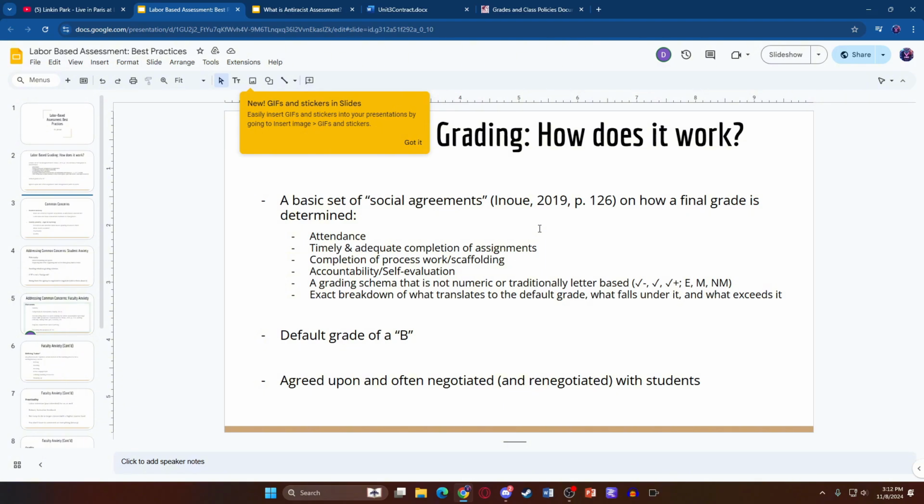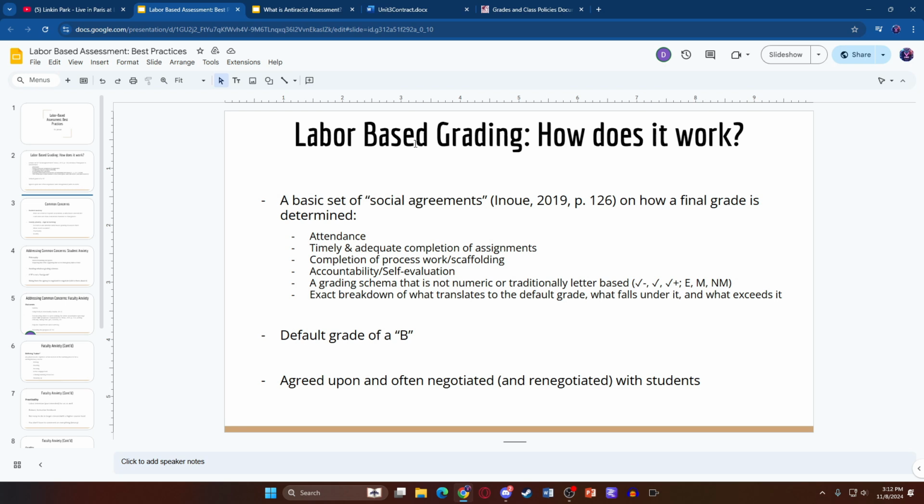Folks like Peter Elbow have been writing about grading contracts for quite some time now. But at its root, labor-based grading really just involves a basic set of social agreements on how a final grade is determined, and that includes really all of the measures that we would ordinarily apply in, say, a traditional numeric system or competency-based system.